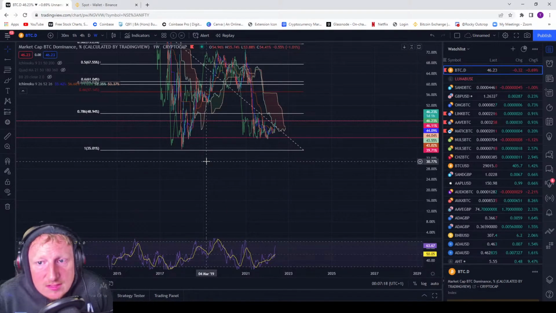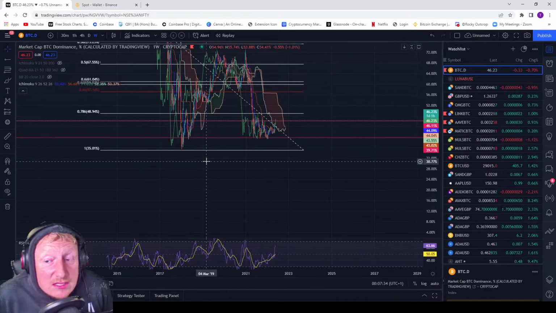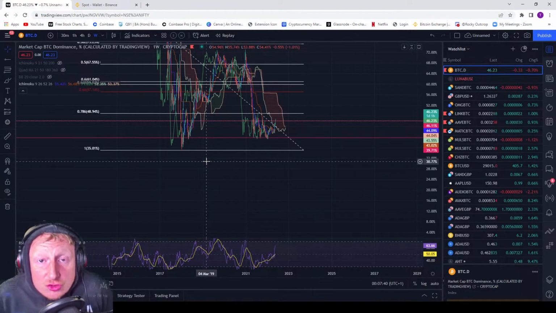With this Luna collapse, people who didn't know what cryptocurrency was are now intrigued, because people have lost their savings and their houses. They were gaining things like 20% interest on UST. A lot of people ended up selling their house and putting all their money in just to get this 20% yield, trusting that platform, that algorithm, that stablecoin that's pegged.